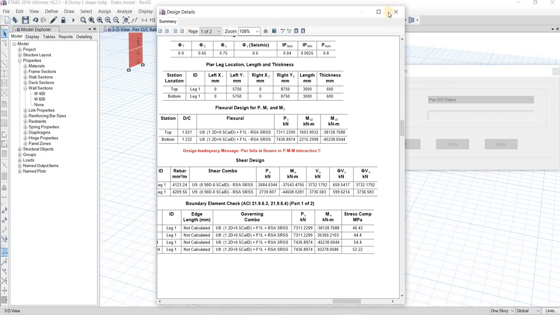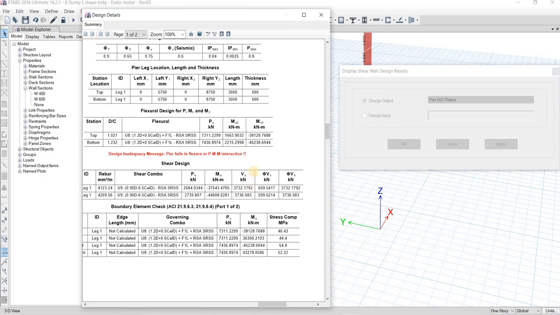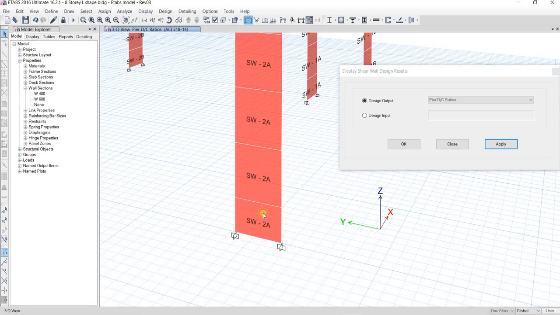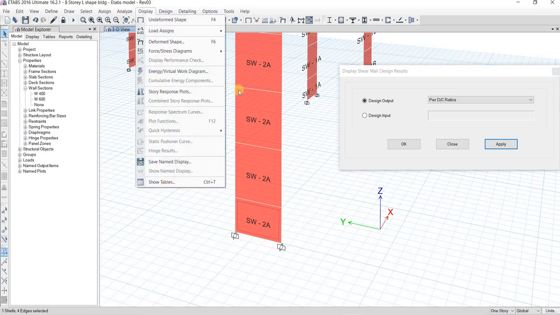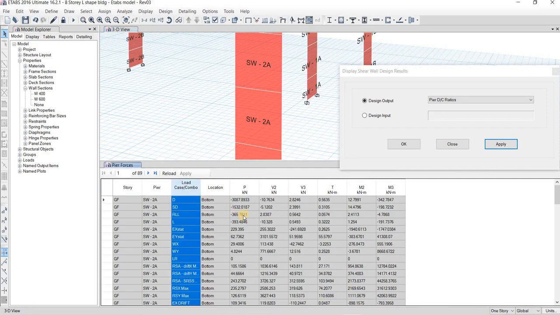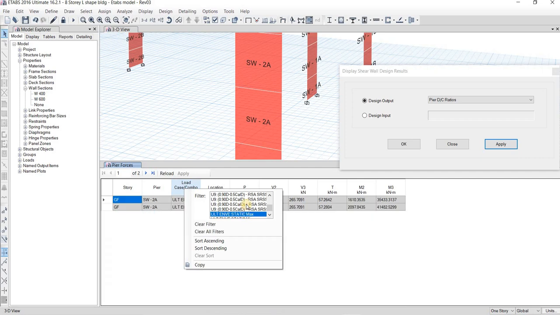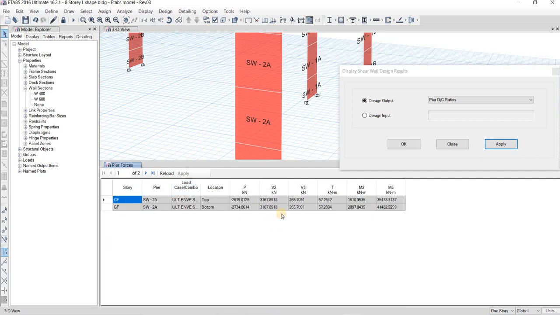But we will go back, so we will select this Vu 3732, or you can find it here: let's say I will just click this one, then display, show tables, pier forces, then I will select the ultimate envelope, then I will be getting this value 3167.